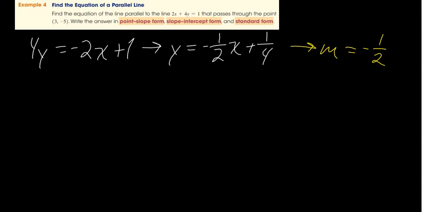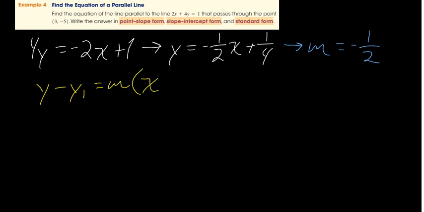Let's change this a little bit. Change that to blue. Okay, there. Now we can do point slope in yellow. So if you recall, the point slope form is y minus y1 is equal to m times x minus x1.